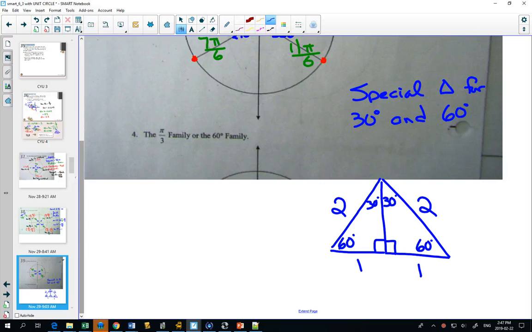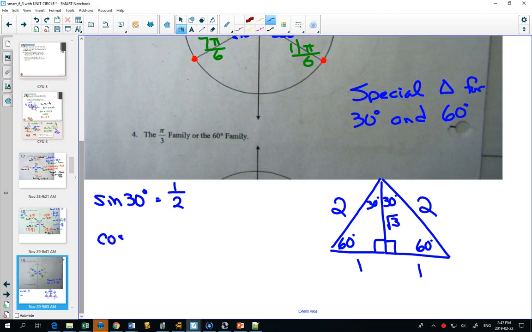And then I could do a squared plus b squared equals c squared and figure out that the height is going to be the square root of 3. Why is that nice? Well, now I can say that sine of 30 degrees, which is opposite the 30 over the hypotenuse, is 1 over 2.